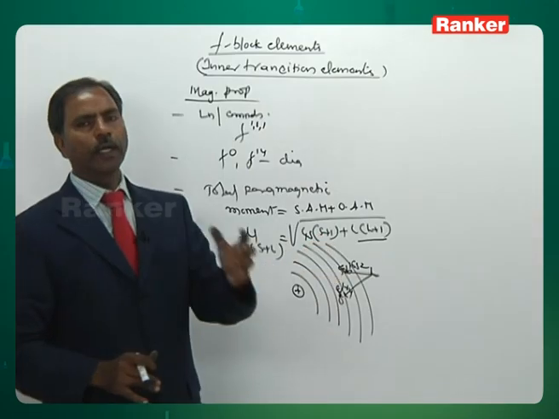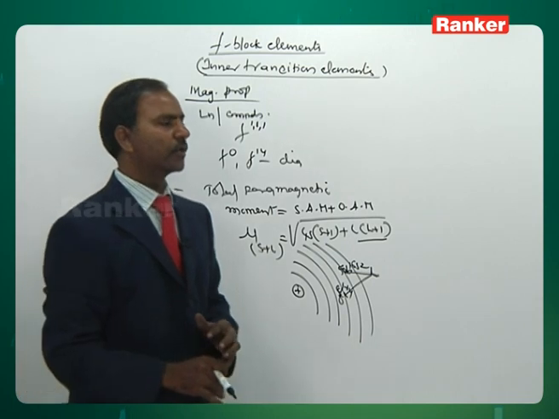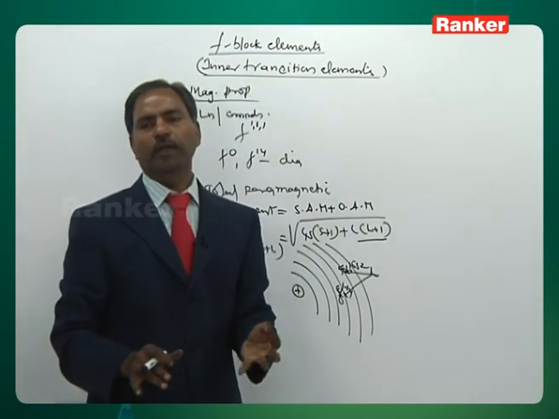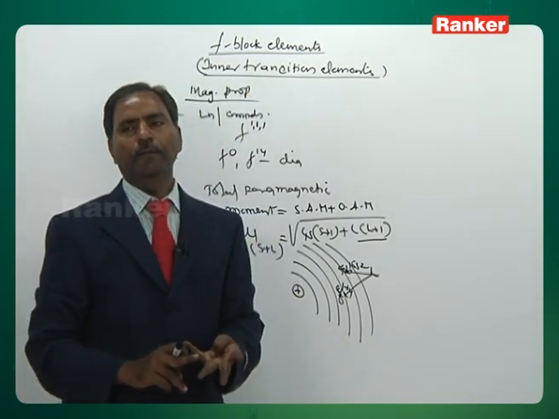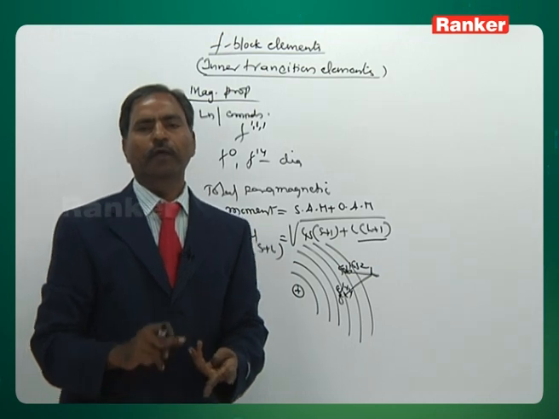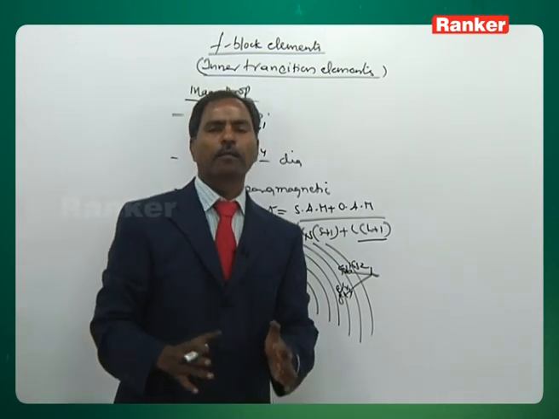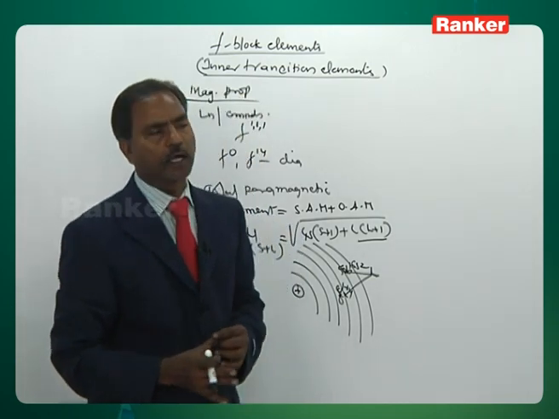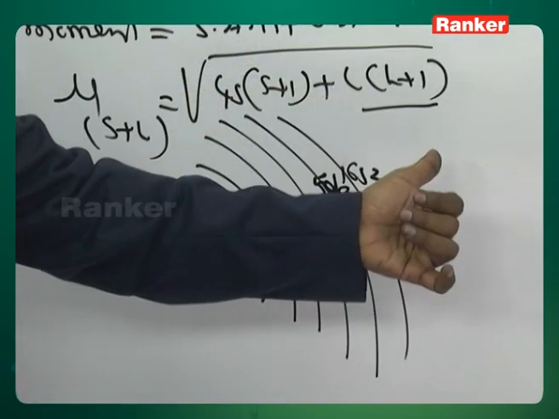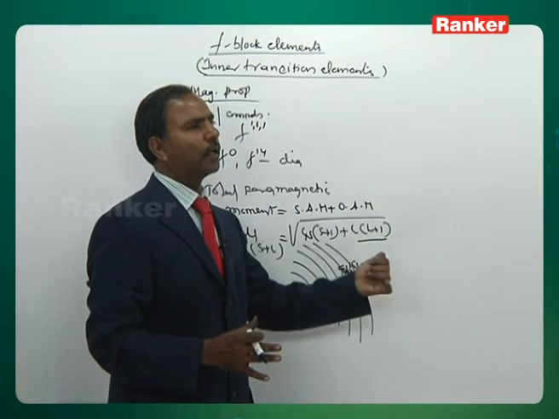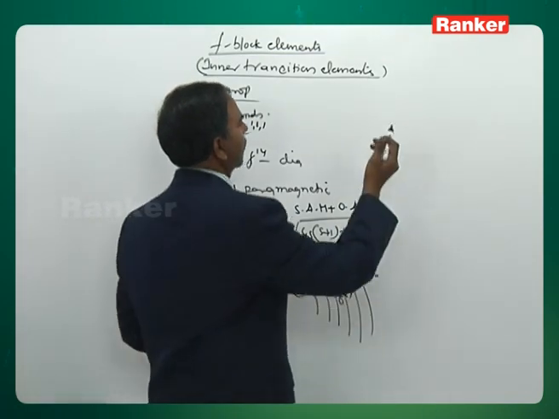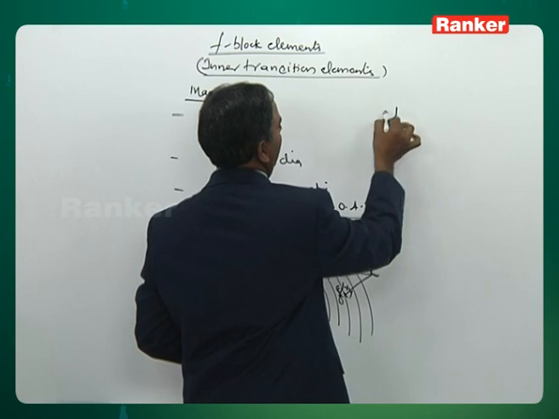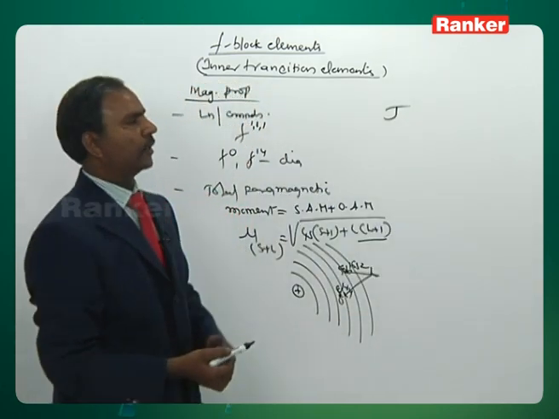Now, by the combination of orbital angular moment and spin angular moment, a new quantum number was introduced. Actually, we know 4 quantum numbers well: principal quantum number, azimuthal quantum number, magnetic quantum number and spin quantum number. But recently a new quantum number was introduced, by the combination of spin angular moment and orbital angular moment, represented by capital J. What is this?